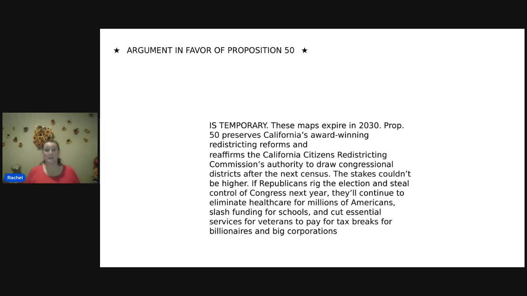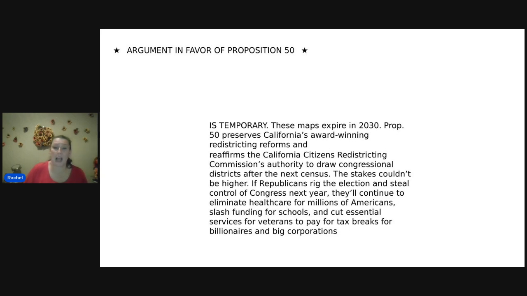These maps expire in 2030. Prop 50 preserves California's award-winning redistricting reforms and reaffirms the California Citizens Redistricting Commission's authority to draw congressional districts after the next census. Talk about a run-on sentence.